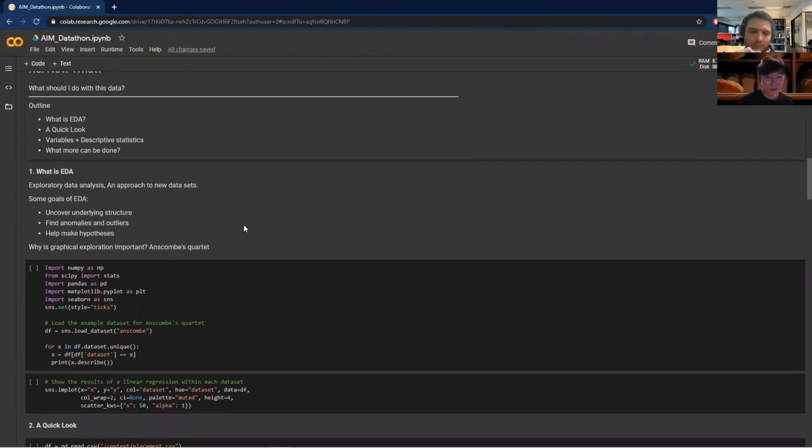Exploratory data analysis is really graphical in nature. So you want to be looking at the relationships visually to see the structure of the data. And hopefully that makes more sense later as we actually go through it. Some of the goals, so why would you ever want to do exploratory data analysis, is really because you're trying to understand the data set more.